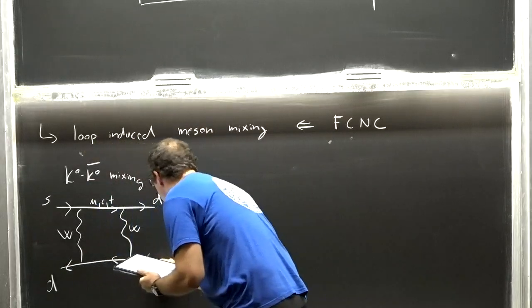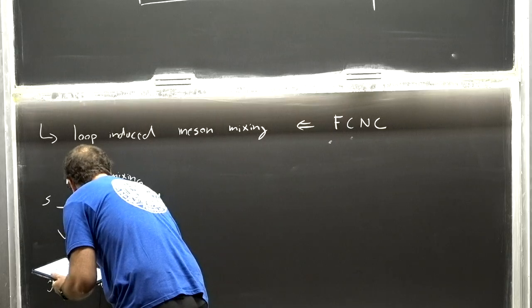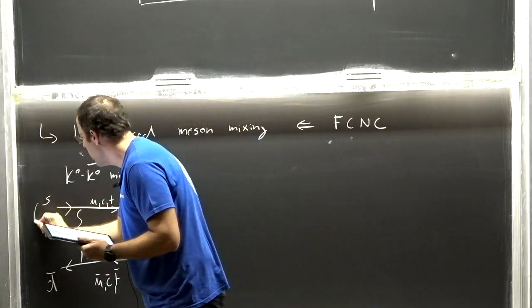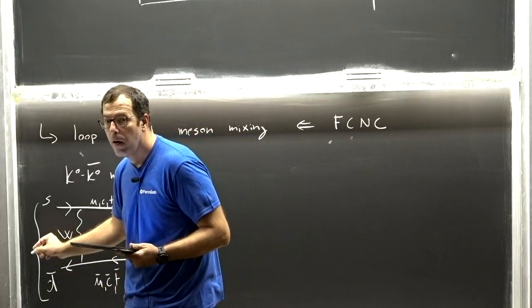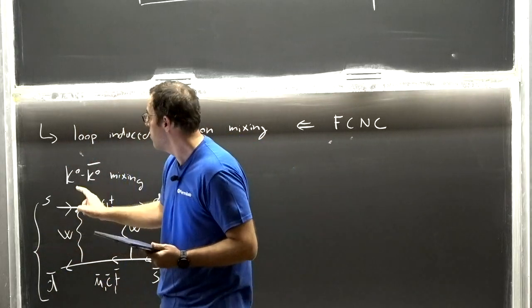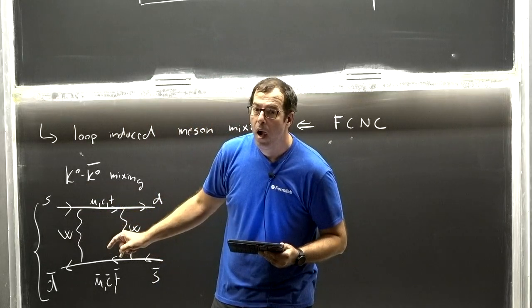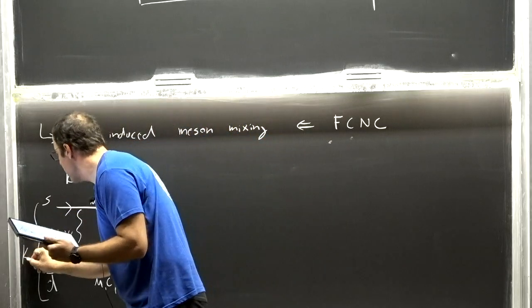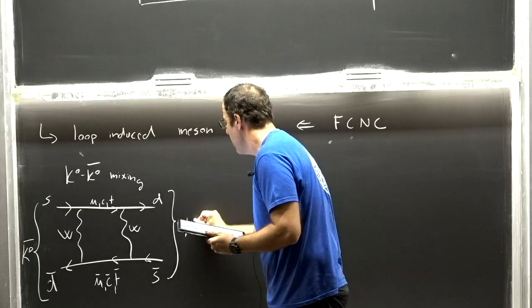And you take an S bar and convert it into a D bar. So on the left hand side we have what the meson would be, S D bar.